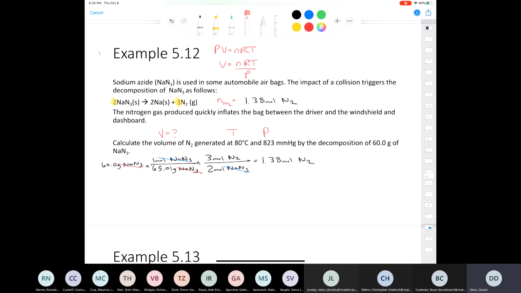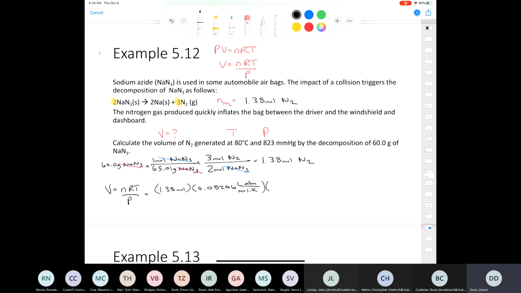Okay, so now we can just plug all of those numbers into our V is equal to nRT over P. 1.38 moles, our gas constant. Temperature, 80 degrees Celsius.